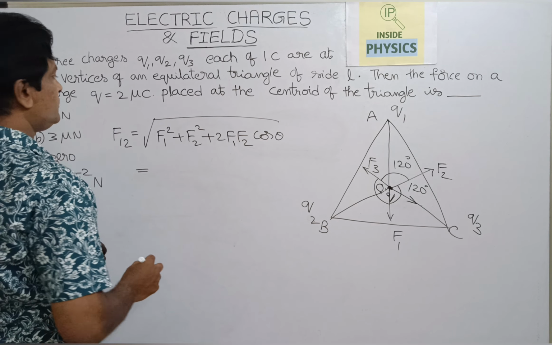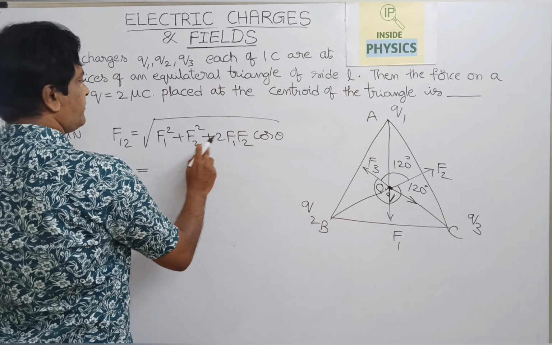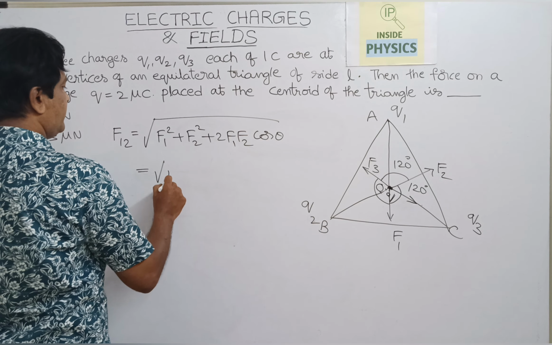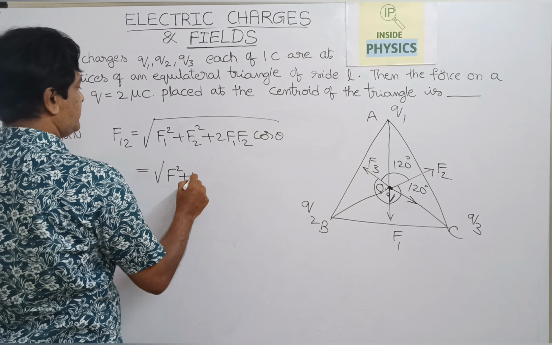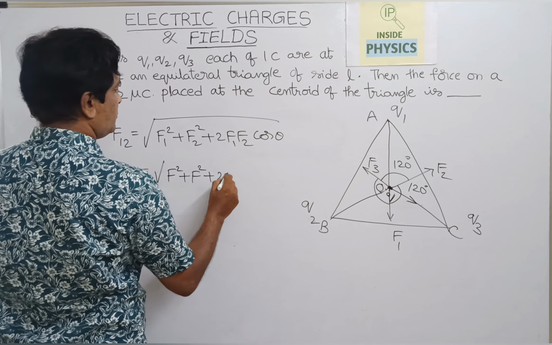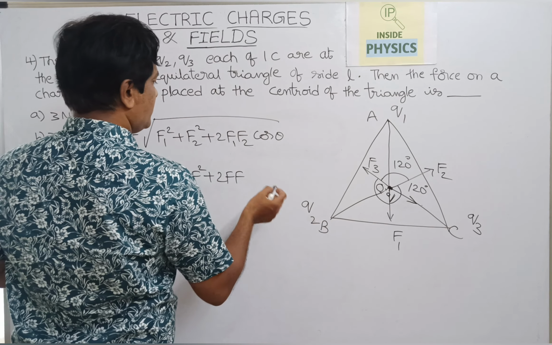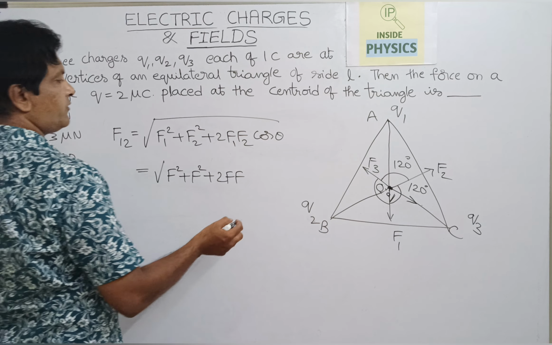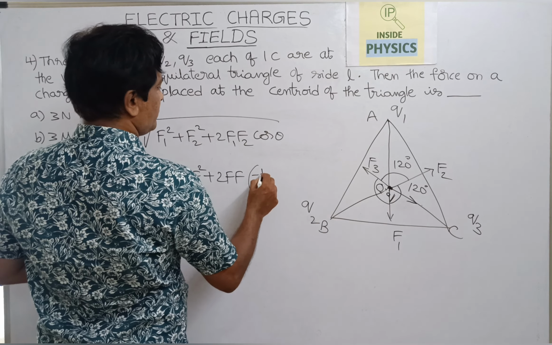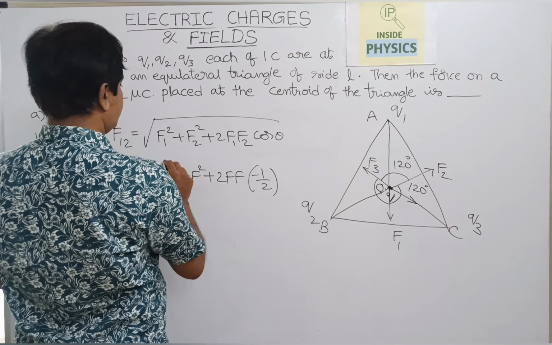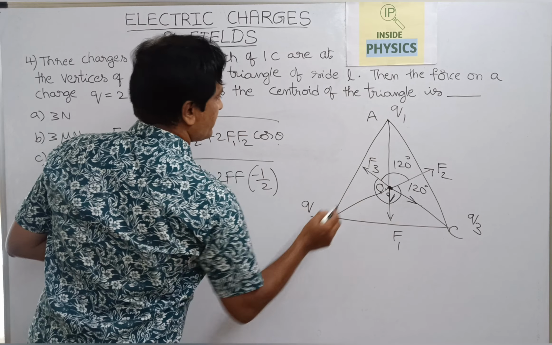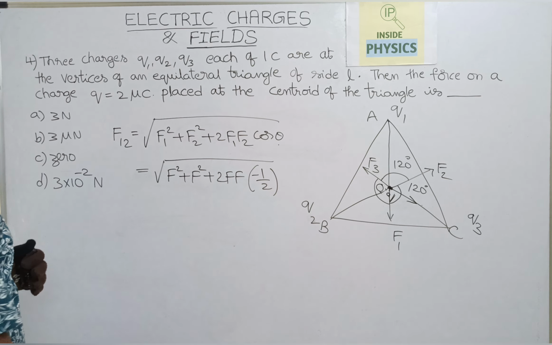Here F1 and F2 are the same, so we can take F square plus F square plus 2F into F cos 120. So what is cos 120? Minus 1 by 2. Theta is nothing but 120, the angle between the two forces.